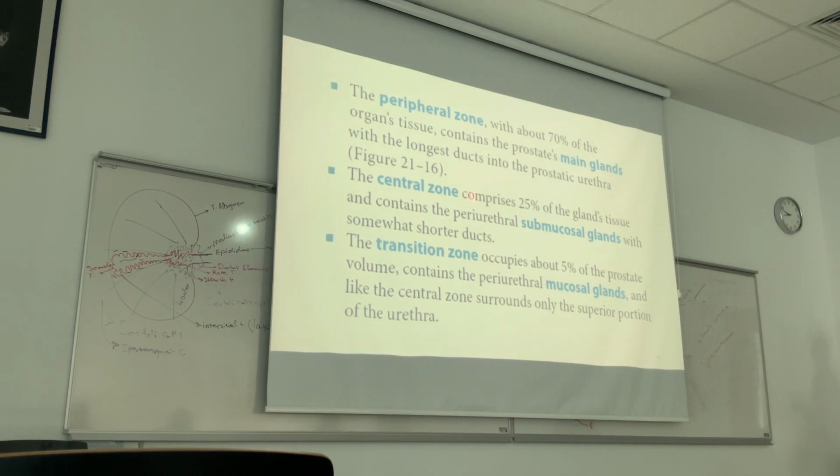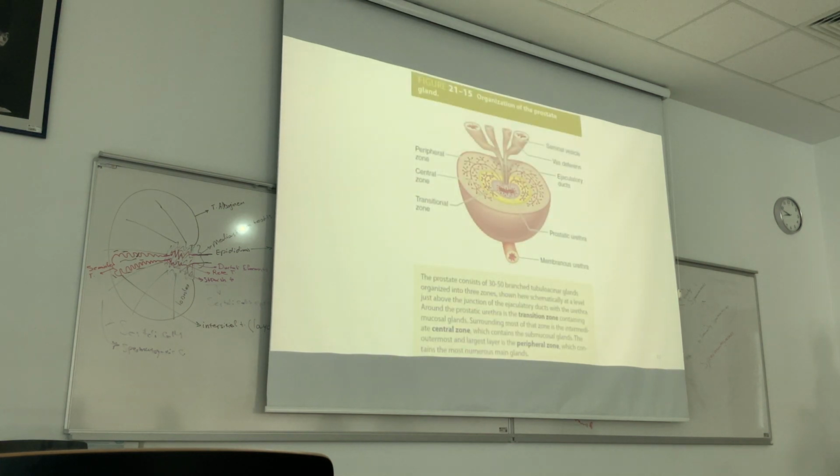And also we have the central zone, with 25% of the prostate in this part, and the glands in this part have a structure like submucosal glands. And also we have the transitional zone, similar to the central zone, with a high amount of mucosal glands. Our main structure is present in the peripheral zone. Look here, we have the peripheral zone, the central zone, and the transitional zone.